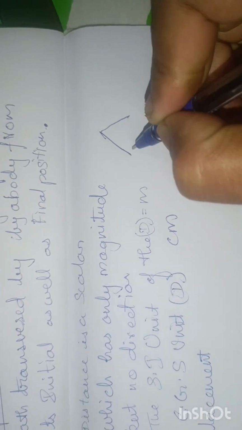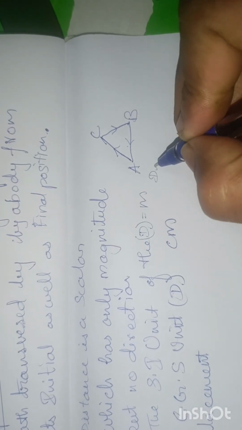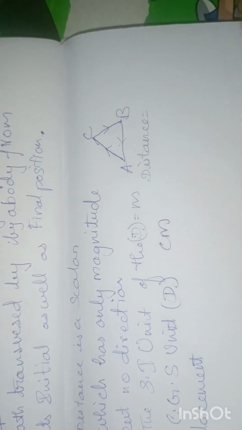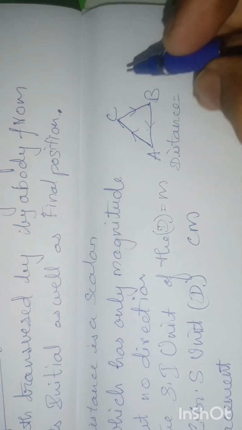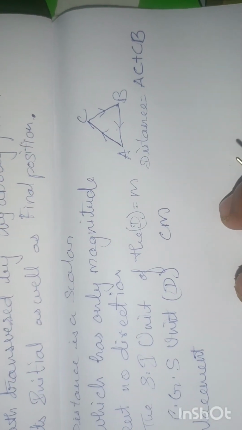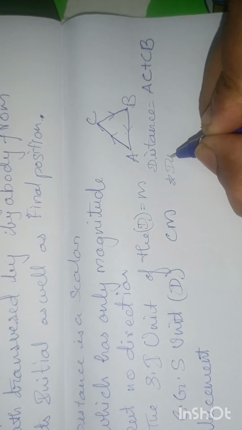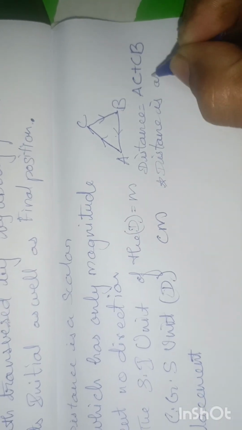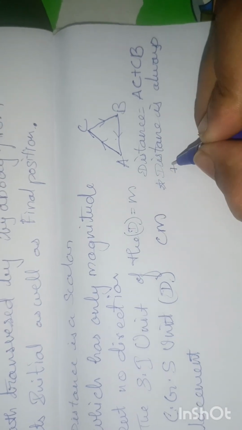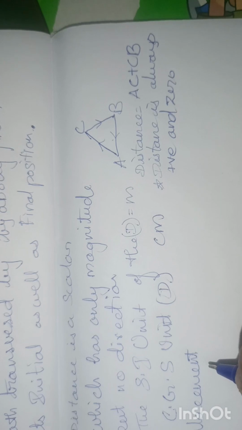If I take this triangle and represent it with arrow marks, with A, here C, here B, and a cyclist is traveling along ACB, then the distance traveled by the cyclist is A to C plus C to B. Distance is always positive or 0, but not negative.